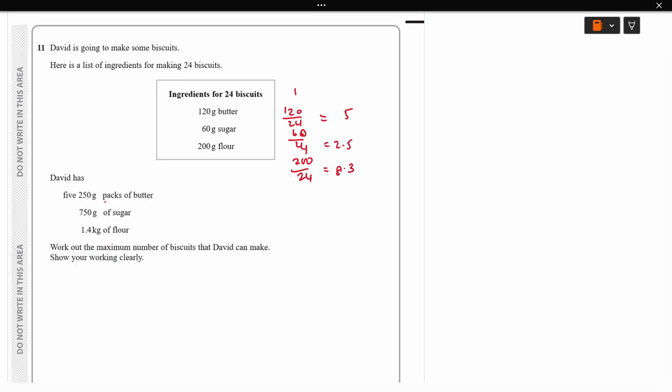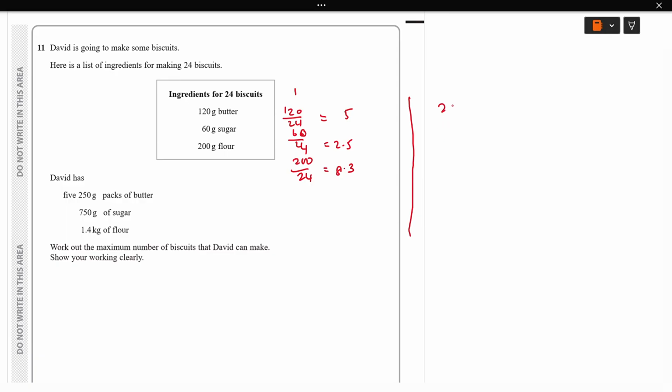Next, David has 250 gram packets of butter, 750 grams of sugar and 1.4 kg of flour. So we will calculate how many biscuits we can make.